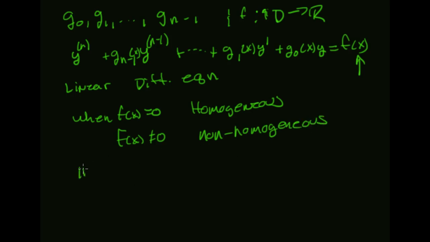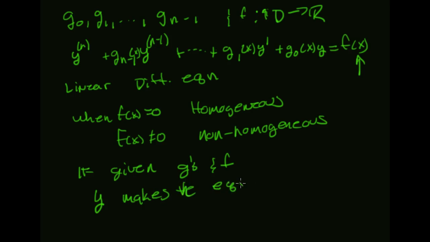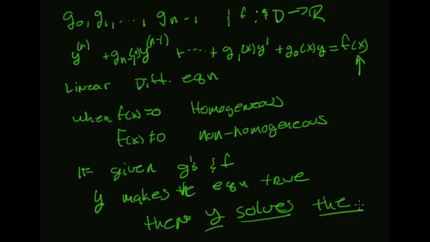Given the g's and f, if y makes the equation true, then y solves the differential equation. So the solution to the differential equation is a function y that makes this true given all of the g functions and the f.